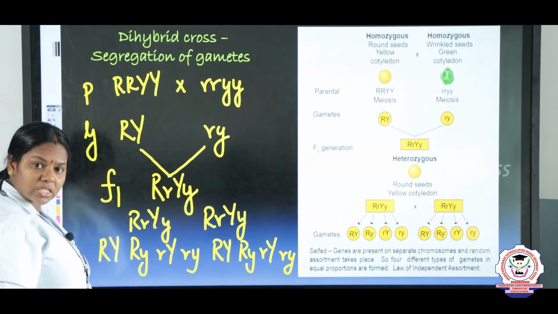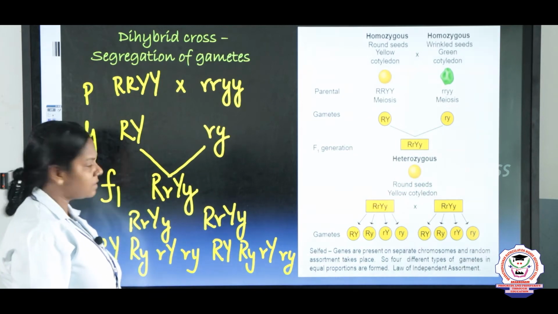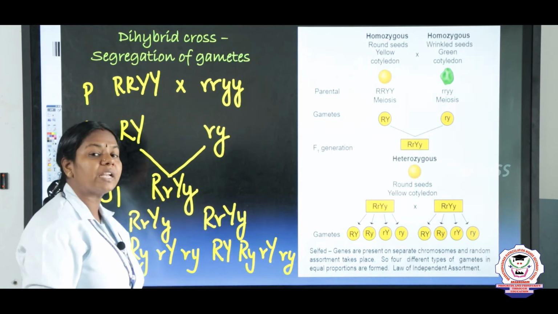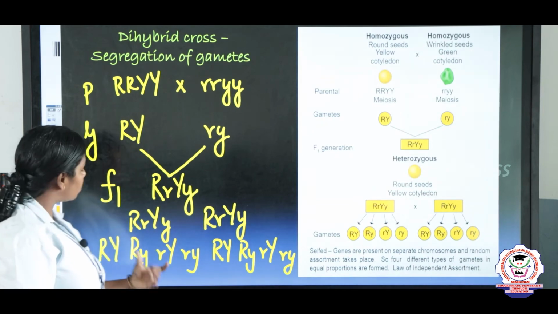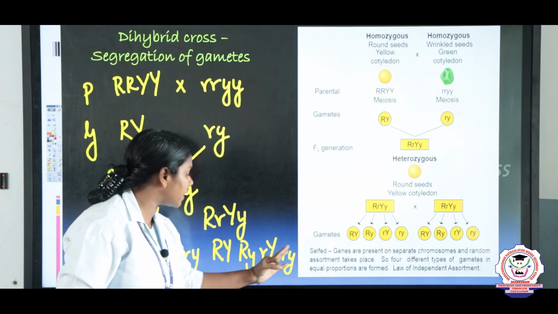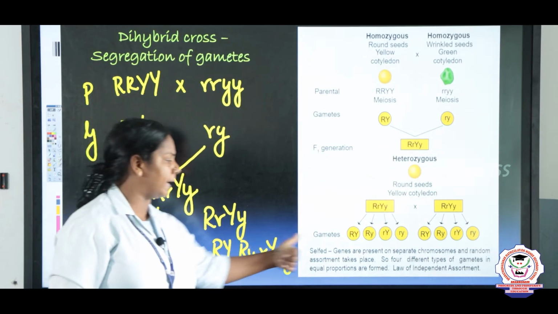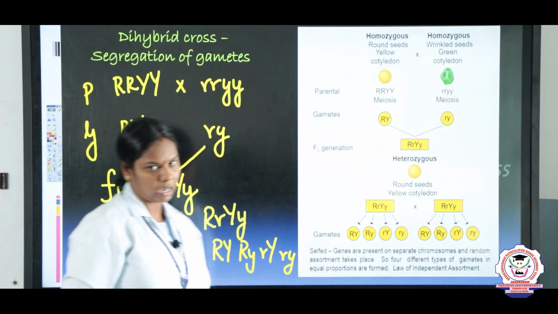Likewise, here also. So, here you see, children, equal numbers of gametes are formed, right? So, this is the law of independent assortment. Here 1, 2, 3, 4 gametes of different types are formed. So, this is the proof for the law of independent assortment.